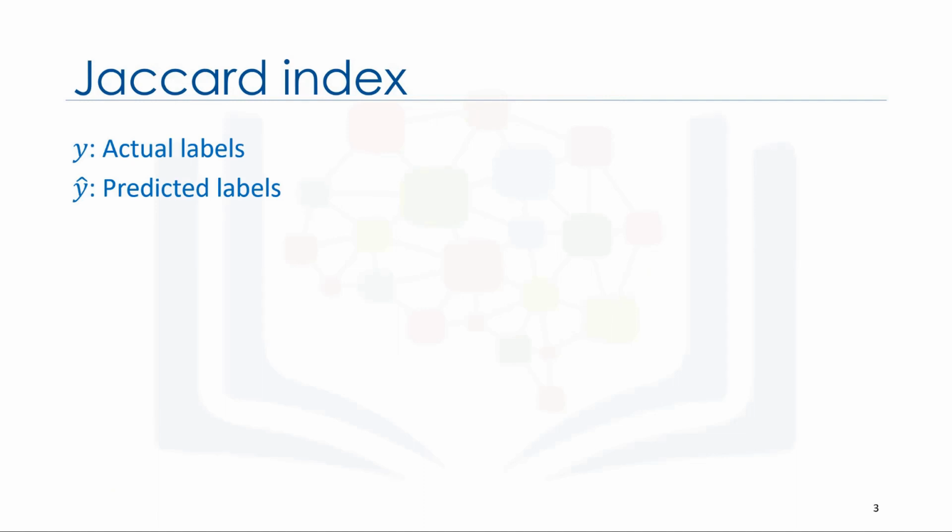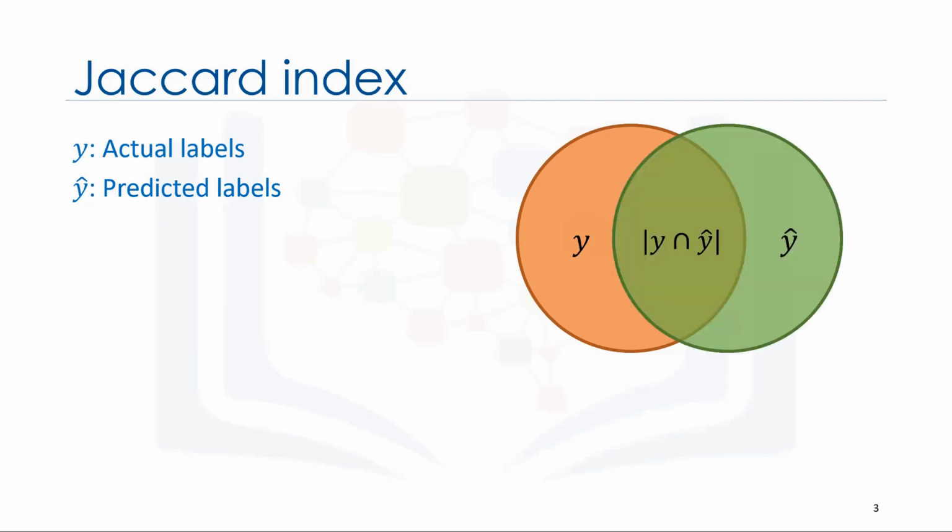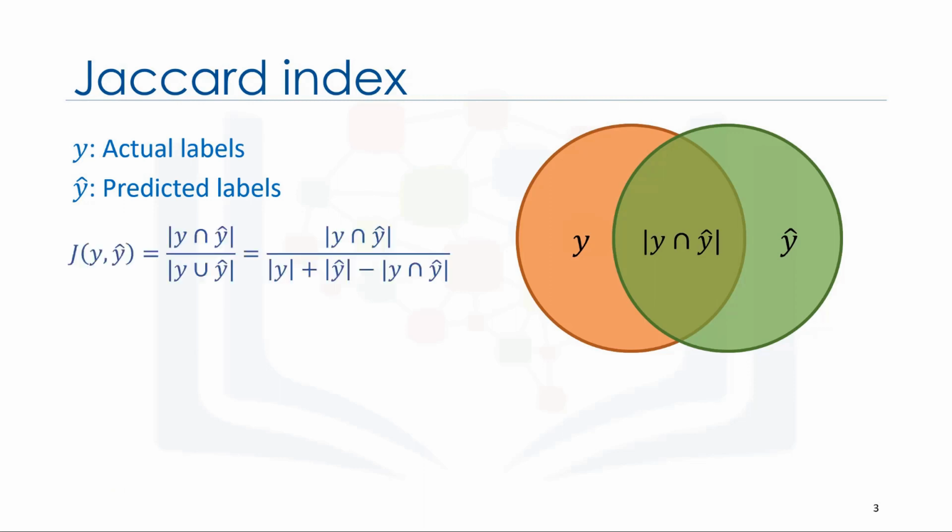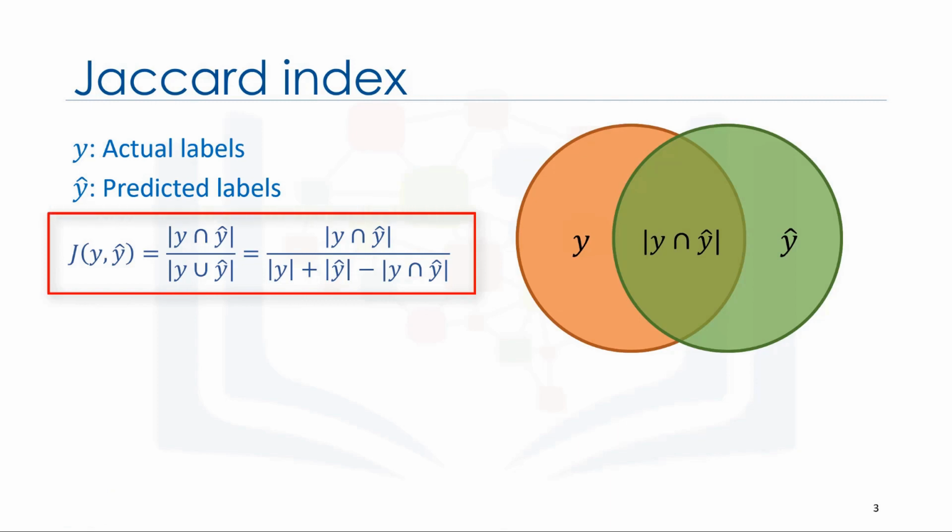Jaccard similarity coefficient. Let's say y shows the true labels of the churn dataset, and y hat shows the predicted values by our classifier. Then we can define Jaccard as the size of the intersection divided by the size of the union of two label sets.